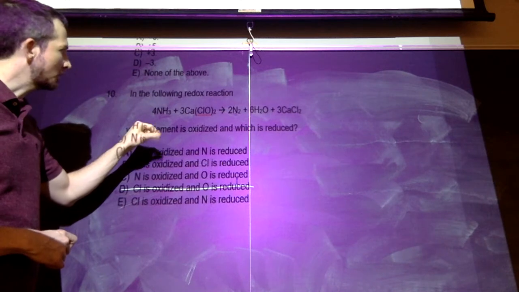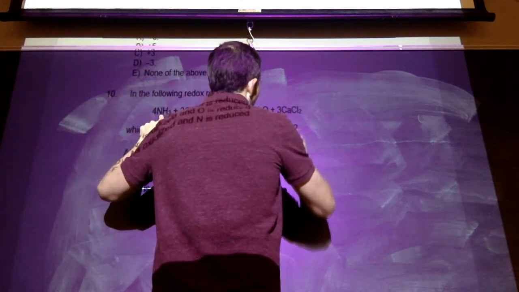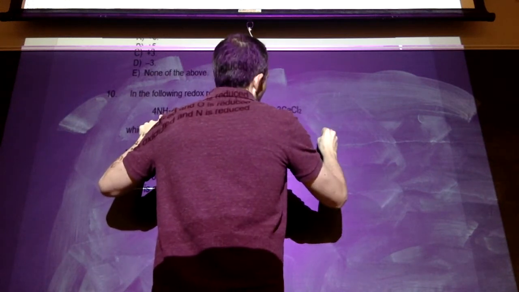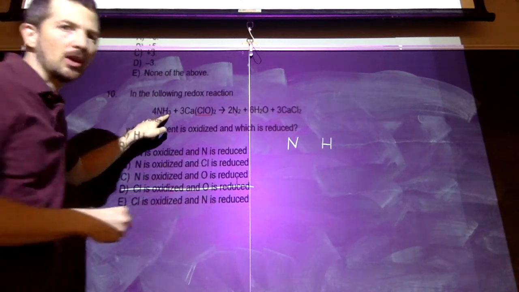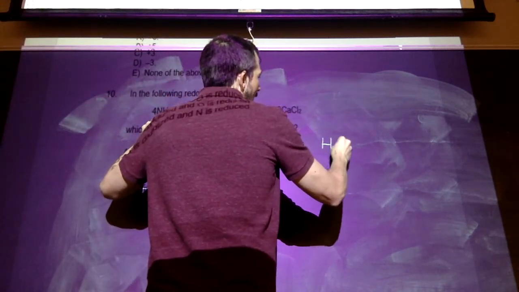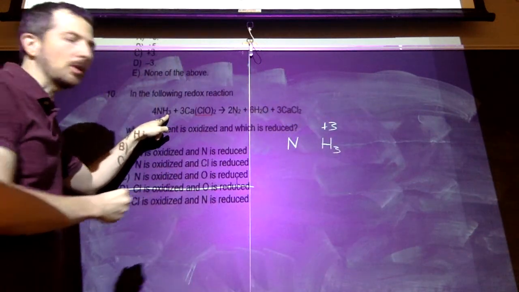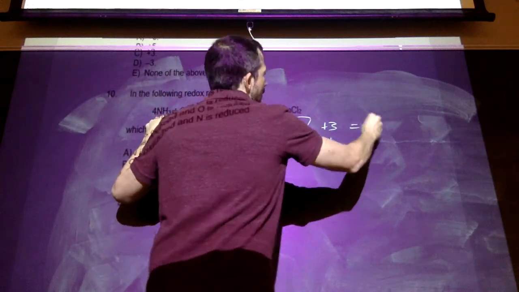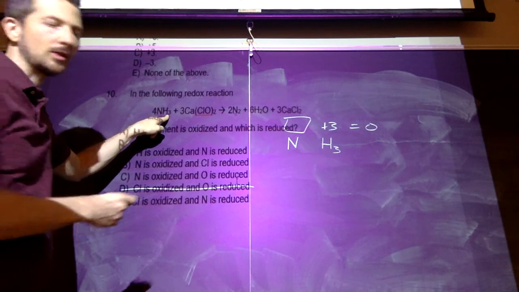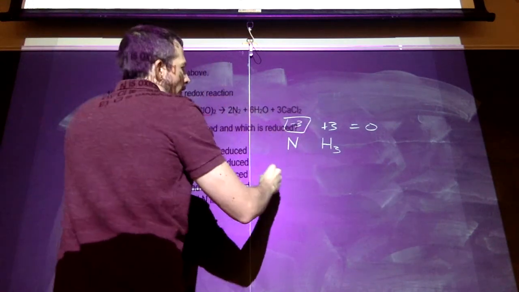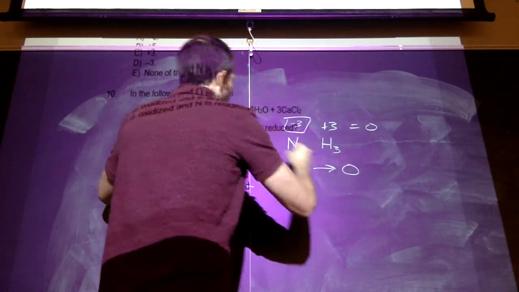So let's look at oxidation numbers now. I know nitrogen, let's look at NH3. So I know H is a +1, and I have 3 of them. So that gives me a 3+. So what plus 3 is going to be 0, minus 3. So if I look at nitrogen, it's going from -3 to 0.